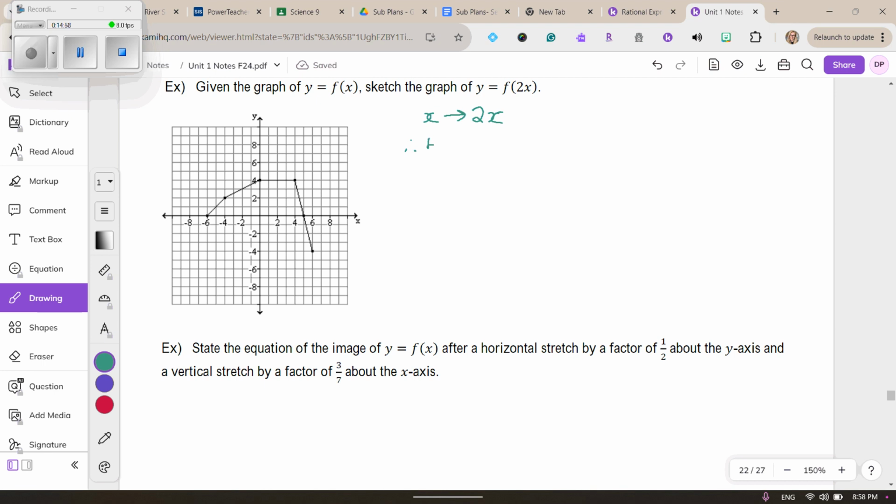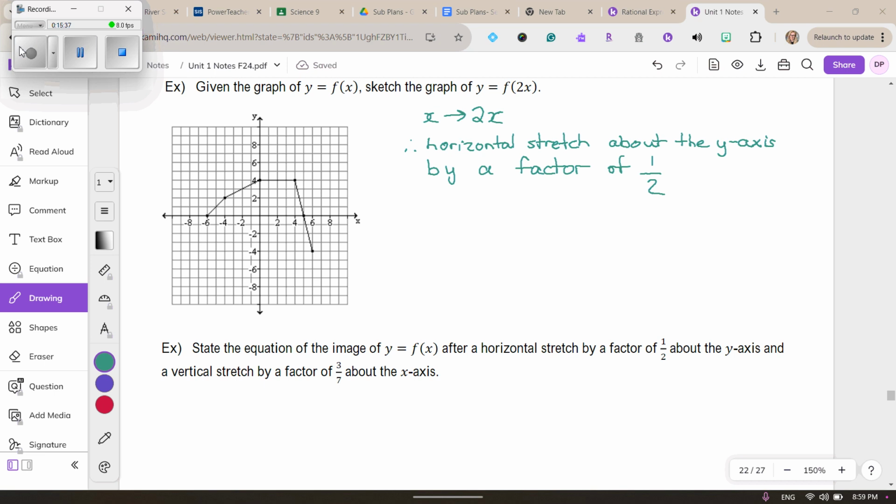So therefore, we have made a horizontal stretch about the y-axis by a factor of 1/2.